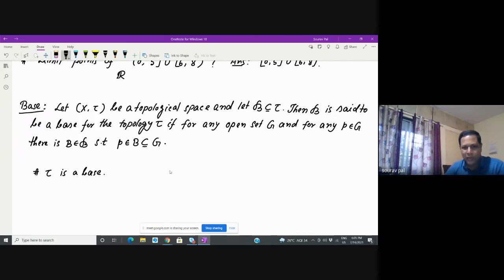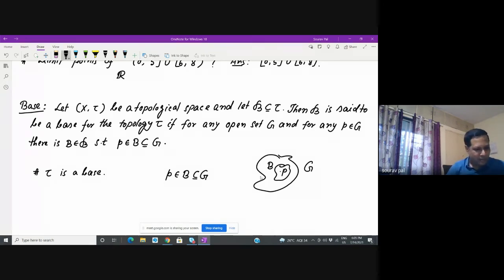If you have a point P, then P belongs to B, which is a subset of G. Meaning you have an open set G, and something smaller inside it so that the point P lies in between. This is what is called a base.